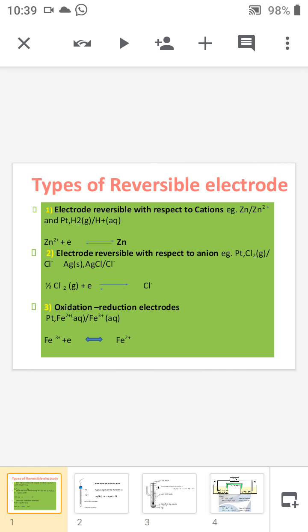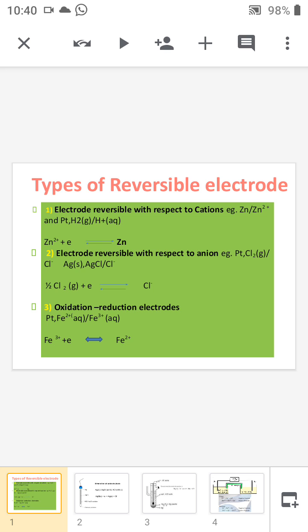That means here we use platinum as the support, which is inert, and the solution contains a mixture of Fe2+ and Fe3+. So what is the chemical reaction that occurs? Fe3+ accepts one electron and is converted into Fe2+, and similarly Fe2+ is oxidized to give Fe3+ plus 1 electron.